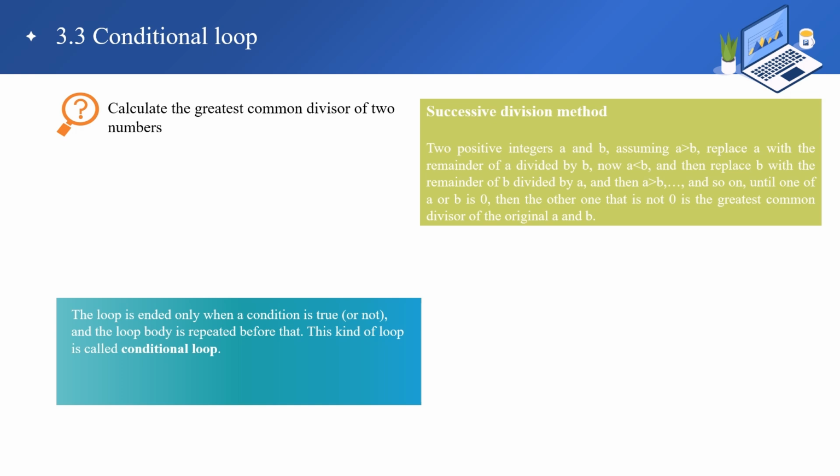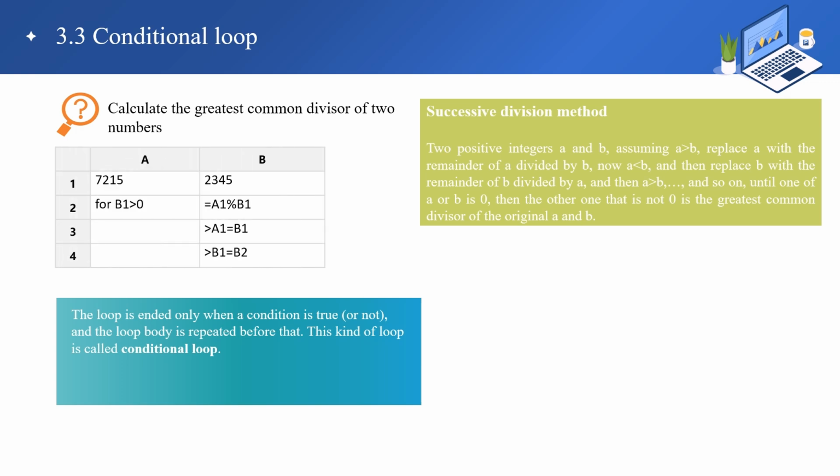Repeat this process until one of a or b is 0, then the other one that is not 0 is the greatest common divisor of the original a and b. Because a and b exchange positions repeatedly to calculate the remainder, it is called successive division method. This is the way Euclid, a Greek geometrician, invented more than 2,000 years ago. Interested readers can prove it by themselves.